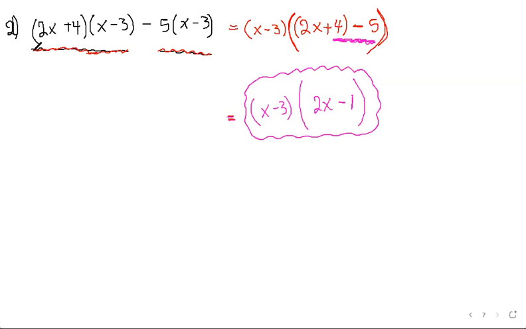Any question? Okay. So we learned the greatest common factor.